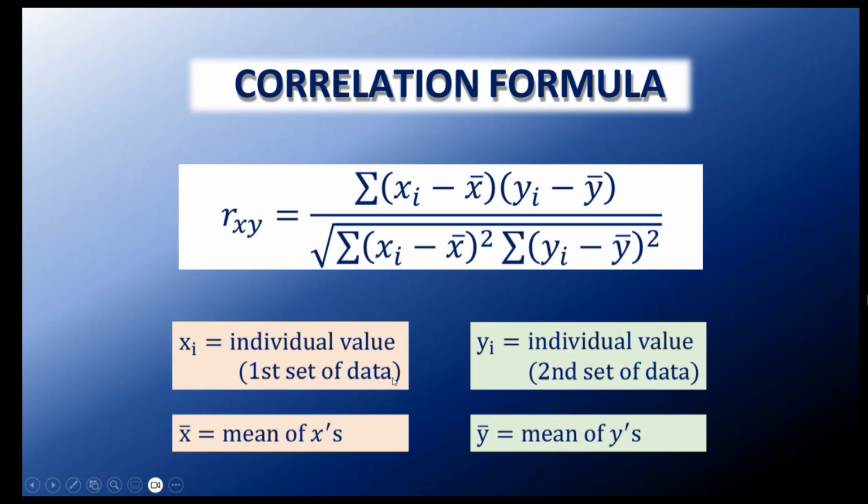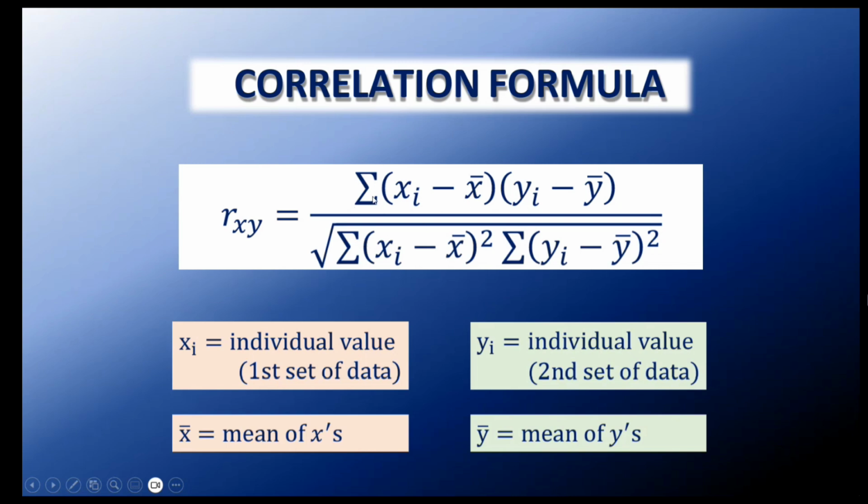Say, for example, you have the height of cadets, and for the x bar, you compute the mean. For the y, you have another set of data, say for example, the weight of the cadets, and the y bar is the mean of the weights. You just substitute it in this formula.